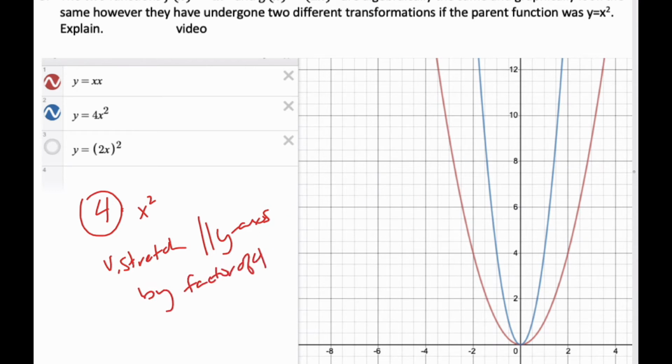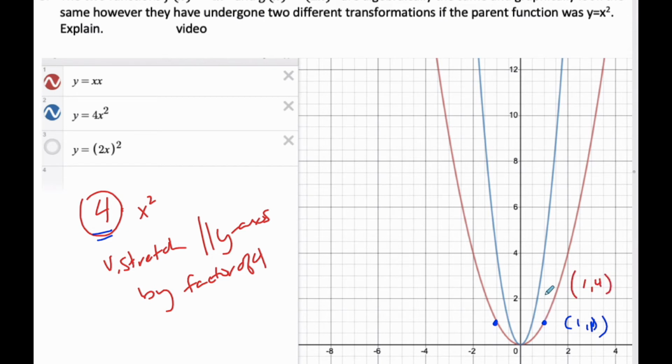Which means that if I had this initial point here on the red curve, this was 1, 1. Well, that means vertical stretch, multiplied by 4. So the new point will be transformed into 1, 4.